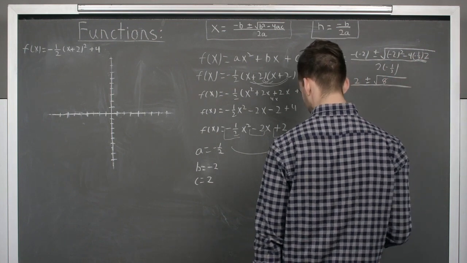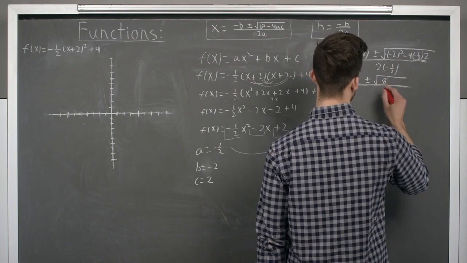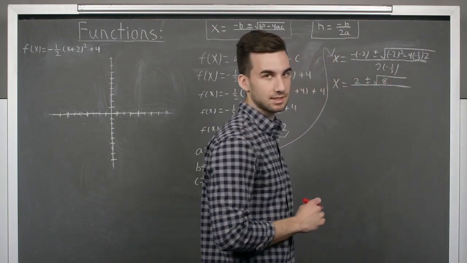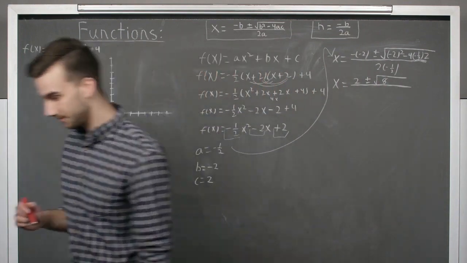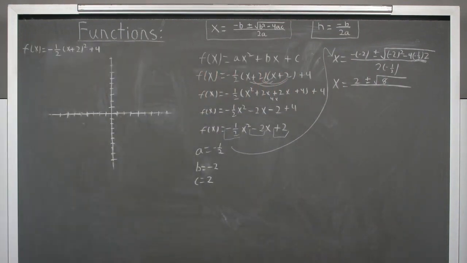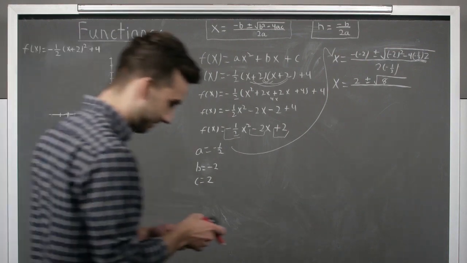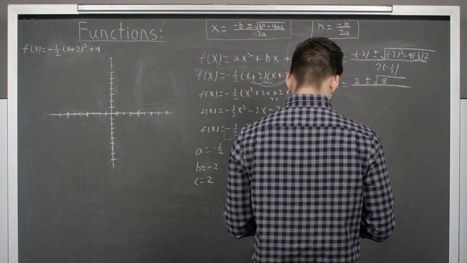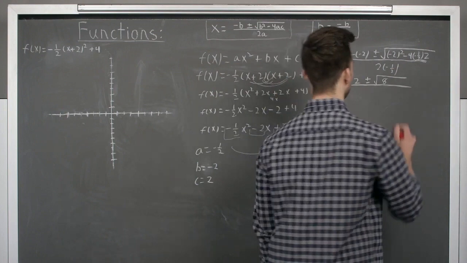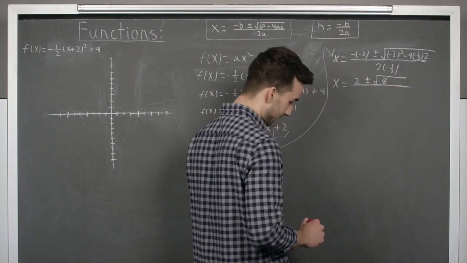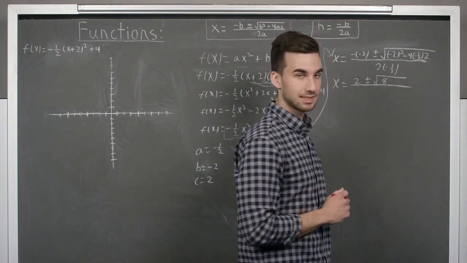So square root of 8, if you do that in your calculator, that'll give you a decimal number. Let me calculate it real quick. I'll be right back. Okay, so square root of 8 is 2.83, rounded to 2 decimal places.